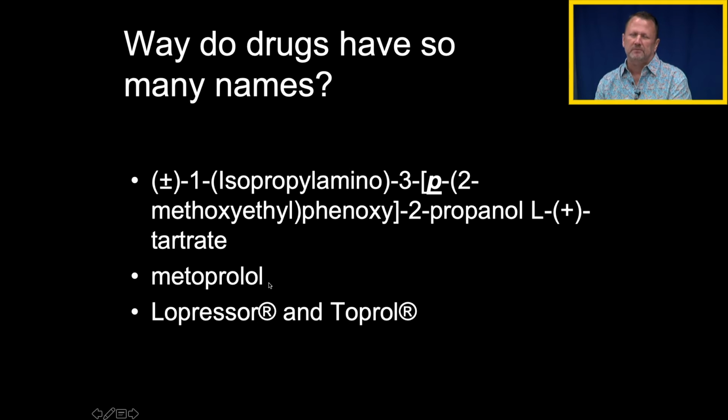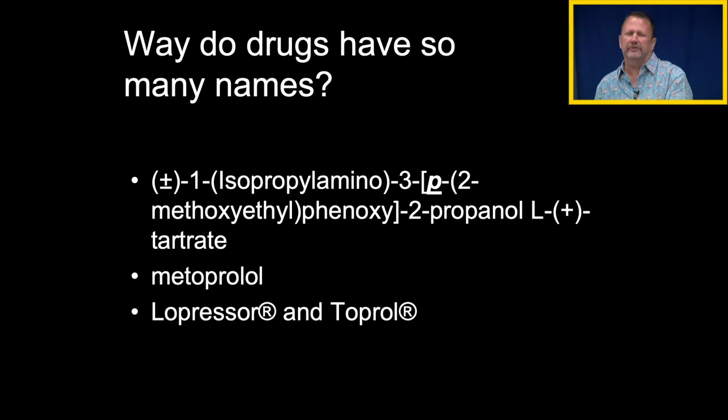All right. Well, in one pharmaceutical company, they make metoprolol, and they called it low pressor. They took their metoprolol, and they said low blood pressure, low pressor. Oh, that's a great name for a drug. Somewhere in another factory, someone makes exactly the same metoprolol.